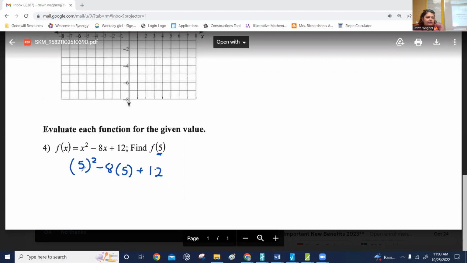This is an exponent, so 5 times 5 is 25 minus 40 plus 12. 25 minus 40, I believe that's a negative 15, plus 12 would equal negative 3. There you go. I just threw that on there, being nice for those who still have to take their test.